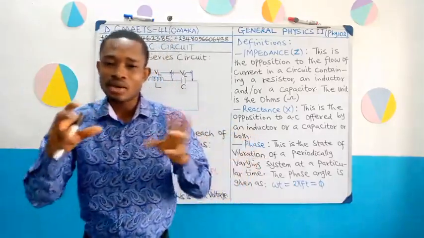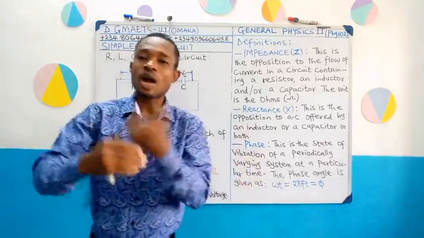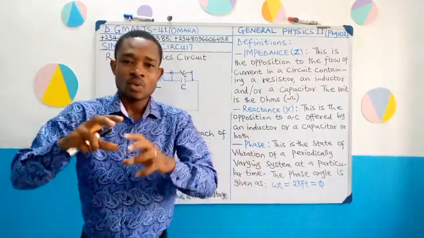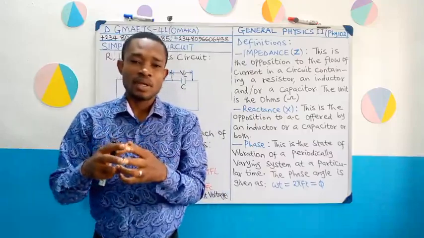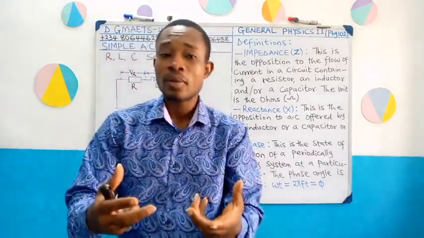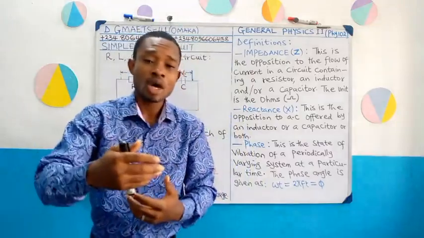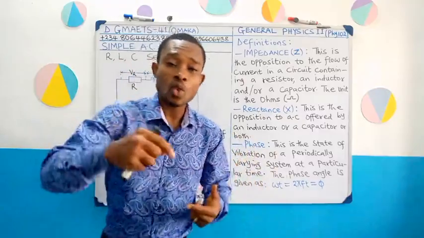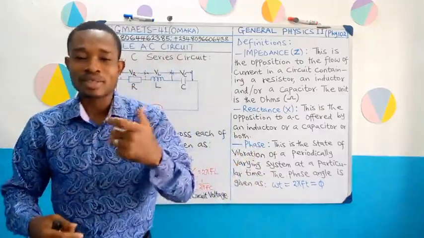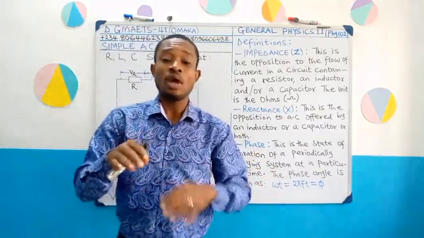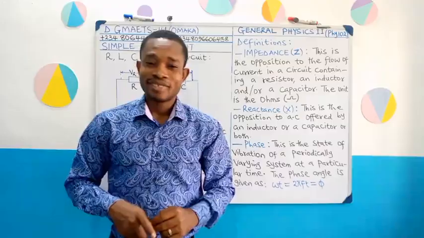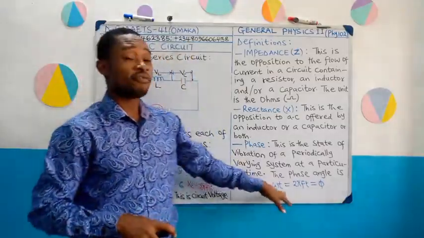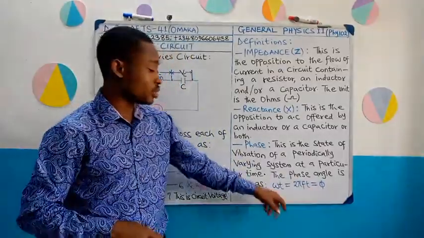Now, we use the concept of phase angle to help us know whether two vibrating systems have the same value, that is to say, if they approach their minimum, their maximum, or their zero value at the same time, or if one approaches its maximum or its minimum or its zero level before the other. For us to determine that, we talk about the phase angle, which is given as Wt.